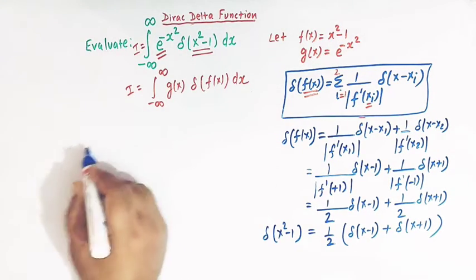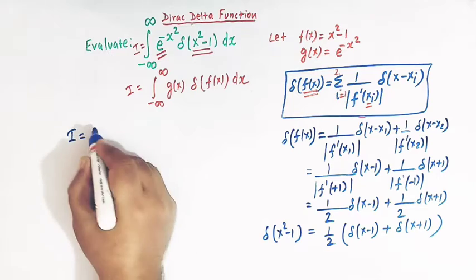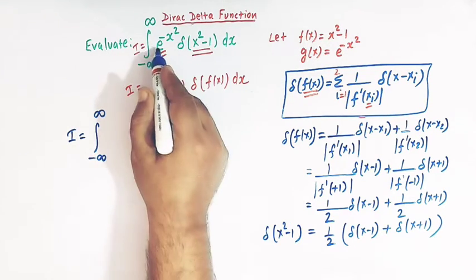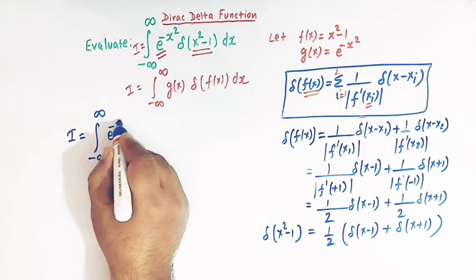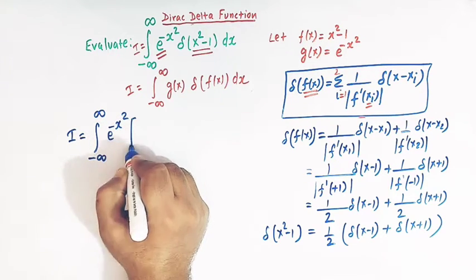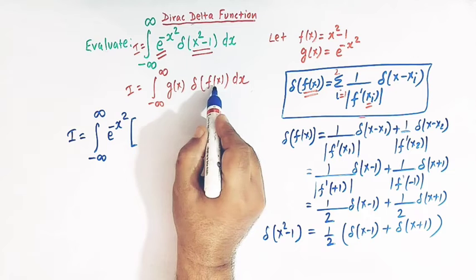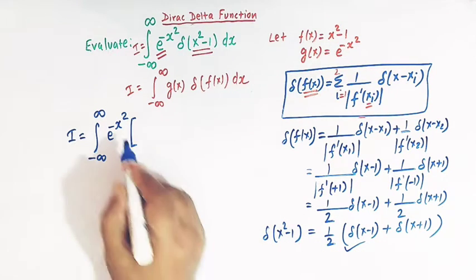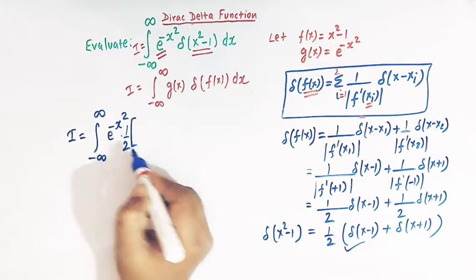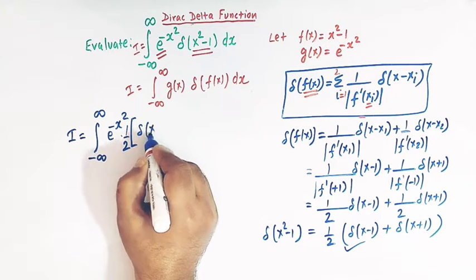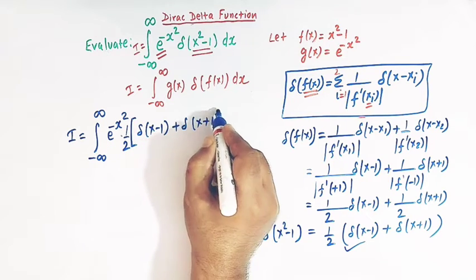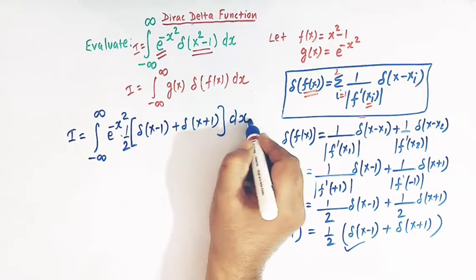So now this integral I can be written as minus infinity to infinity. g of x is e raised to minus x square, and for delta of f of x, we have this expression. So we can take half common here, and we have delta of x minus 1 plus delta of x plus 1, and here we have dx, right?